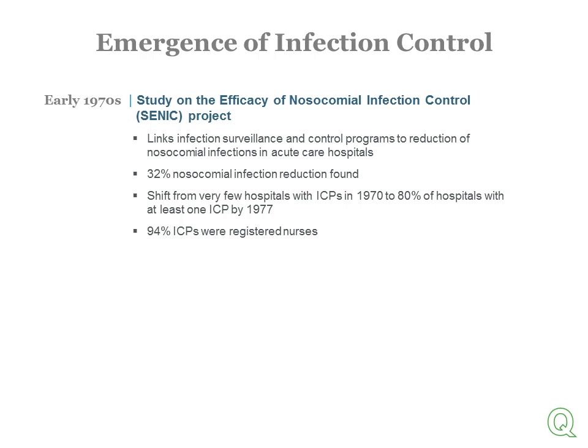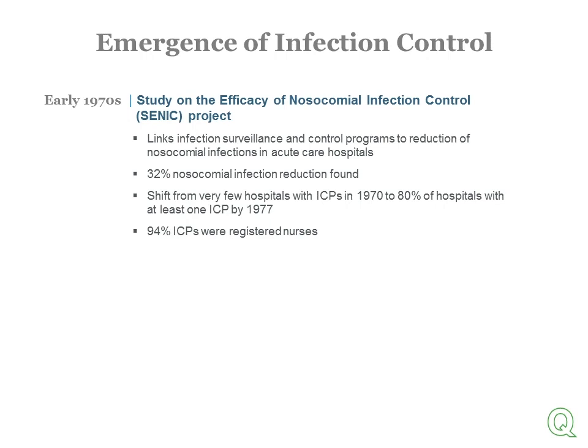In 1974, the SENIC project, a study initiated by CDC, established a link between the reduction of HAIs and infection surveillance and control programs in acute care hospitals. Specifically, a 32% reduction was found for effective programs. The study established that in the 1970s, very few hospitals had infection control professionals.